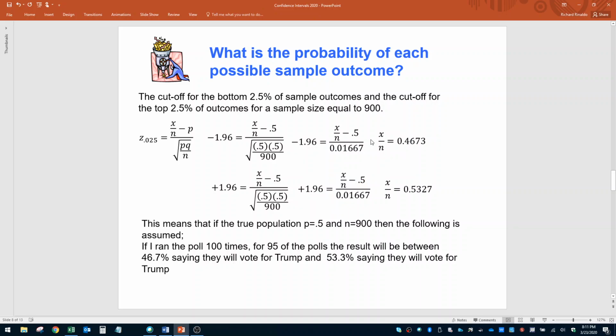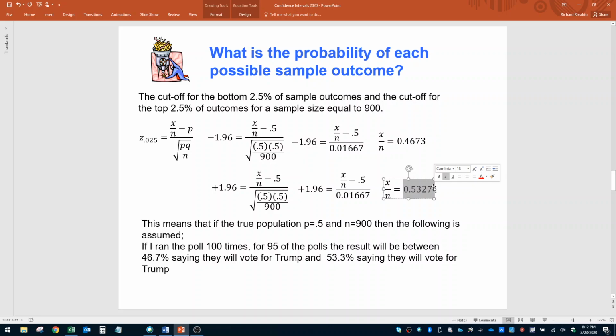It's anchored to the assumed true population proportion of 0.5. The cutoff for the bottom 2.5% is 46.73% or fewer voting for Trump. The cutoff for the top 2.5% is 53.27% or more voting for Trump.